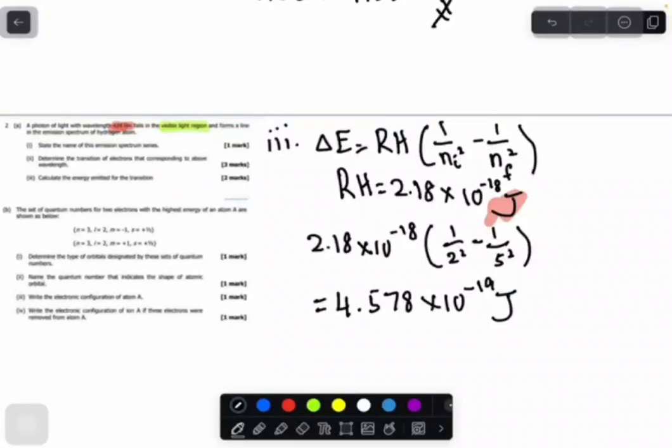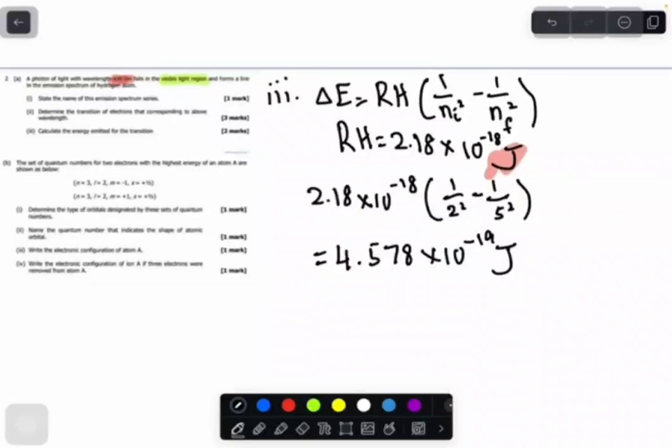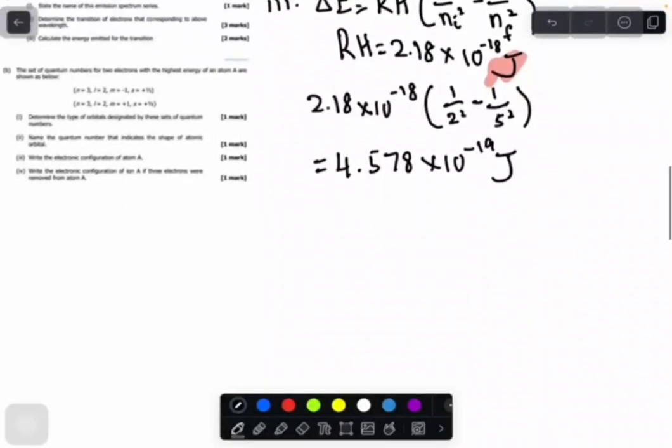Don't forget joules, guys. Also, another formula that you can use, I didn't use it here, is E equals to hc over lambda. Since you're going to find the energy, you have h, you have c, I mean it's constants, and you have the lambda, so you can just substitute in, you'll get the exact same answer.